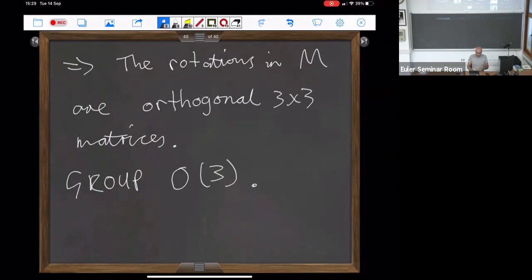The more interesting elements from the point of view of relativistic effects are the boosts. So tomorrow we'll also go on to discussing the boosts, which are the transformations which take one frame and boost it relative to another. And that's how you create the transformations between relatively moving inertial frames.